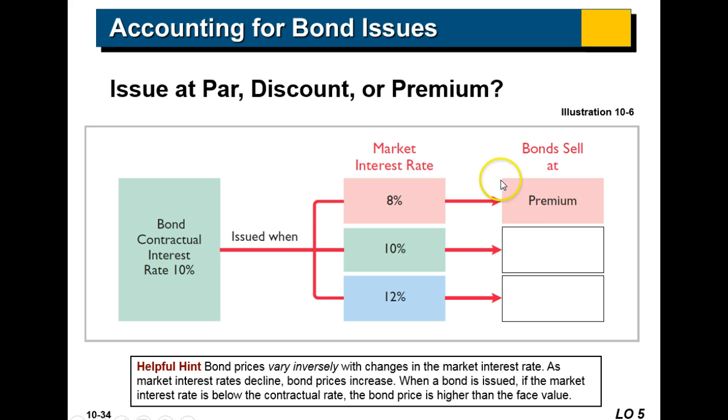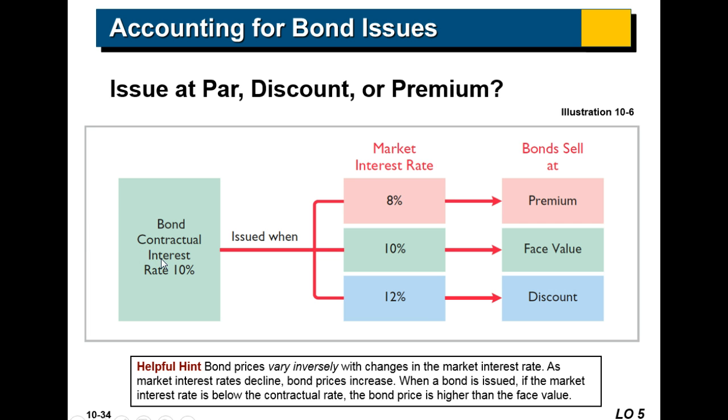Bonds are going to sell at a premium, which means over the $100,000 figure. If the stated rate is at the market rate, they're going to be issued at par or face value. And if the market rate is higher than the stated rate, they're going to be issued at a discount.